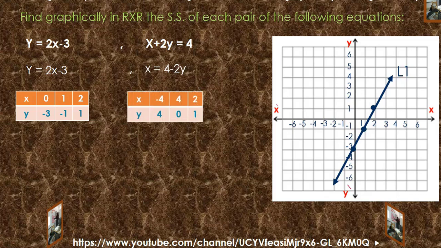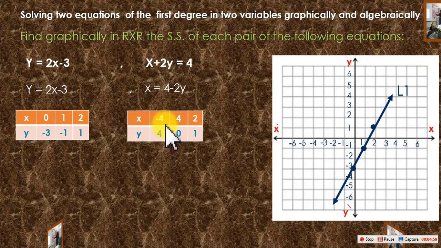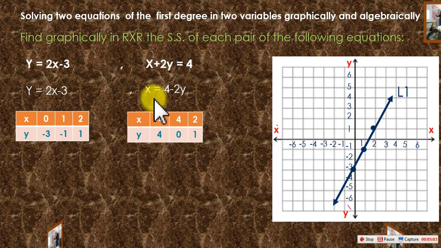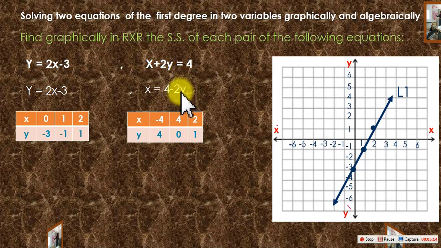After that, let y equals 4. 2 times 4 equals 8. 4 minus 8 equals negative 4. Let y equals 0. x equals 4, because x now equals 4 minus 0. Let y equals 1. 2 times 1 equals 2. So x equals 4 minus 2 equals 2.